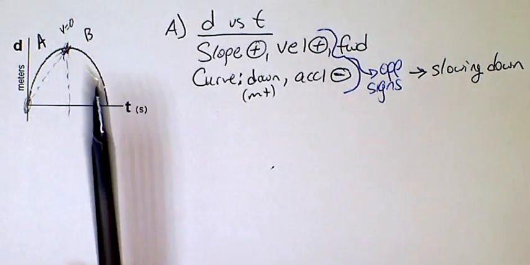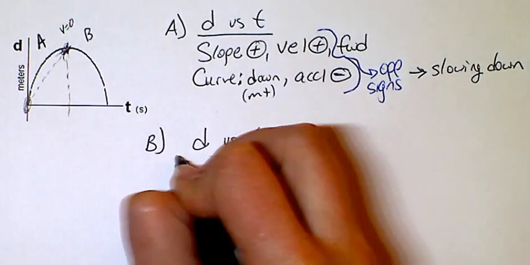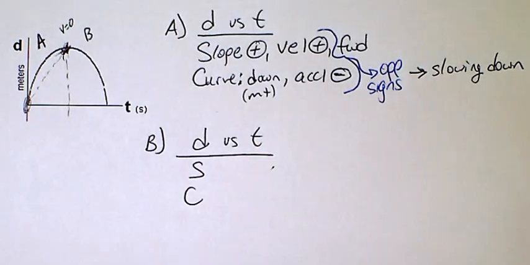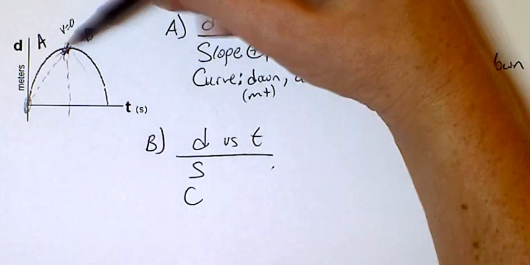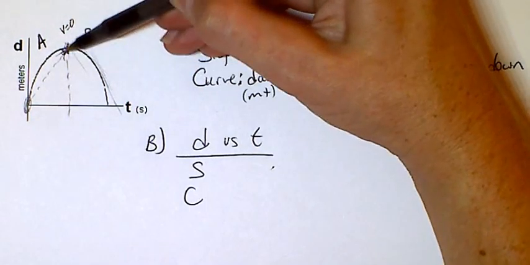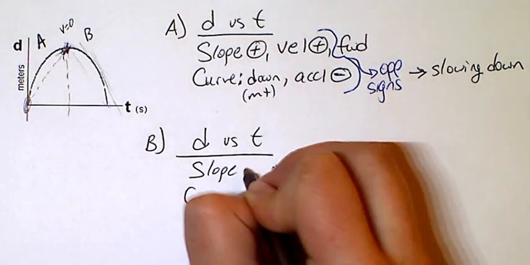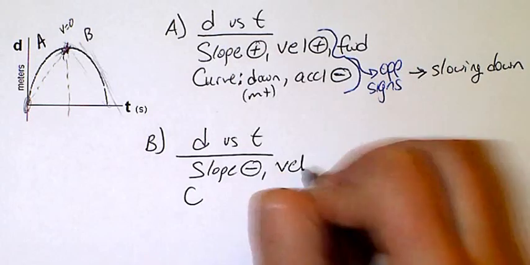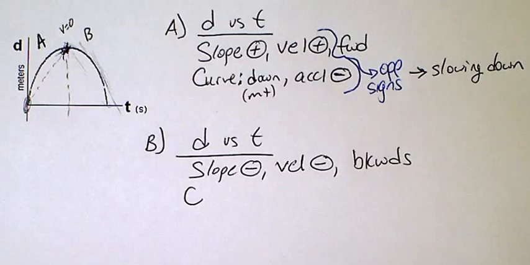And then after that, in part B, I just have another slope and curve. The slopes in part B are all negative. So all of these are negative. Again, from here to here is the negative direction. So my slope is negative, which is the same thing as saying my velocities are negative, and that means it's moving backwards or down.